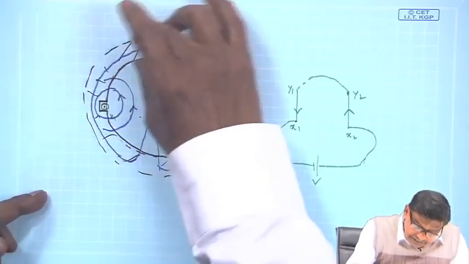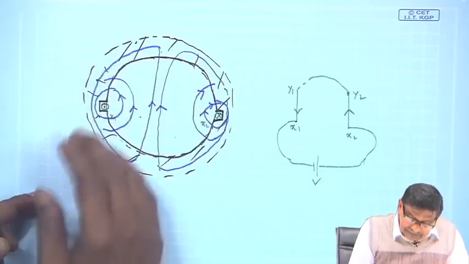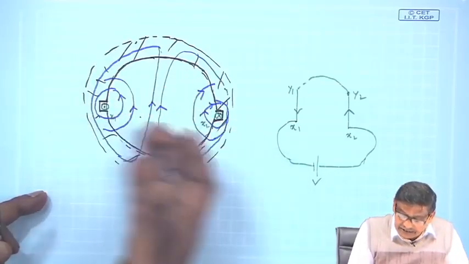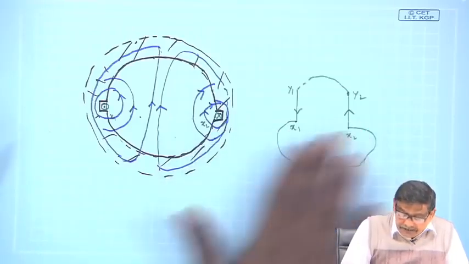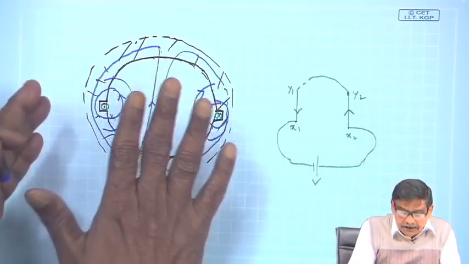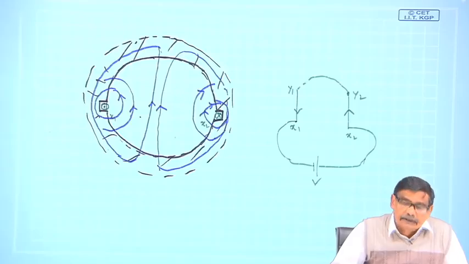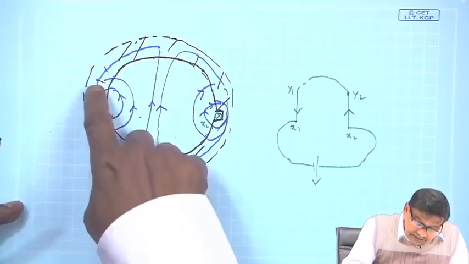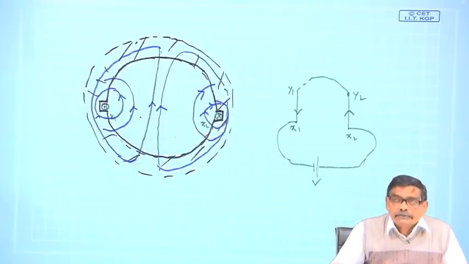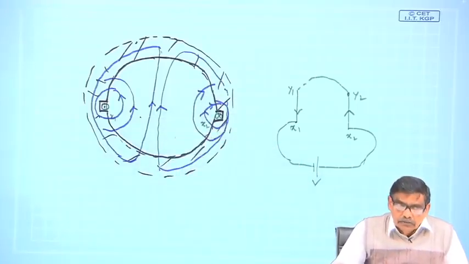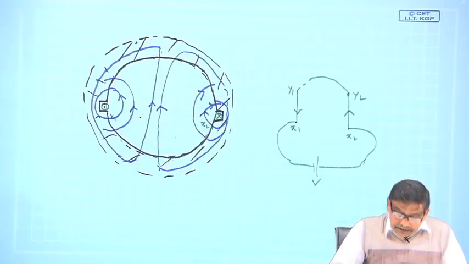Now, there is a stator here. You have excited the stator coil only, and this will be the field pattern. If it is a fixed current, this pattern will remain there. Now, the question is, this stator iron has now become a magnet. Where is its north pole? Where is its south pole?